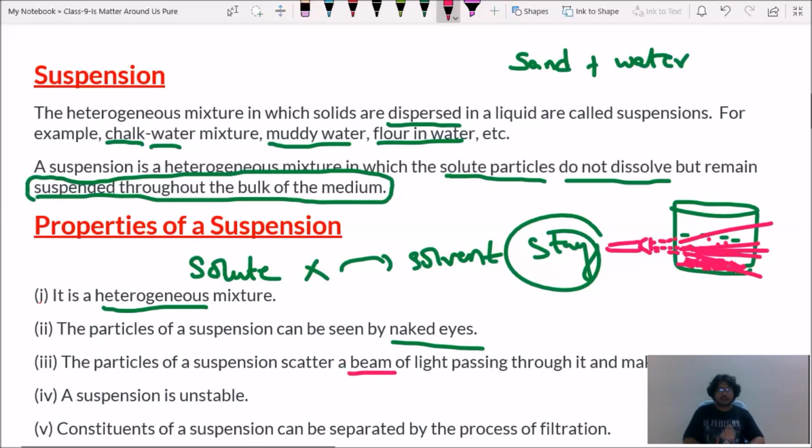A suspension is unstable. Here the solution is not stable, the particles will always be in motion, that is known as unstable. Last, constituents of suspensions can be separated by the process of filtration. Now take one beaker, add water and sand, or you can add water plus chalk powder.